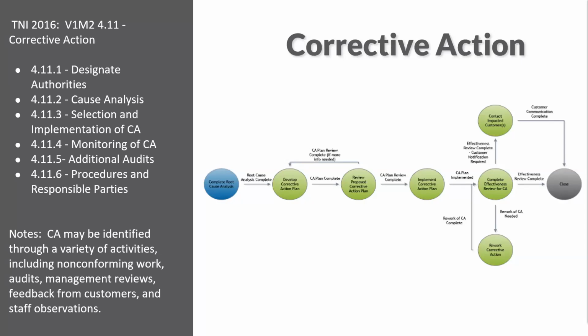So non-conforming work, your audits, if you're performing an audit and you have a finding that you need to work through, directly raise that in the audit. It will launch them out, copy all of the data, and then allow you to work through it there. Same thing with management review, feedback, even just plain observations that people have. So yeah, really just trying to make our systems work for us, right?